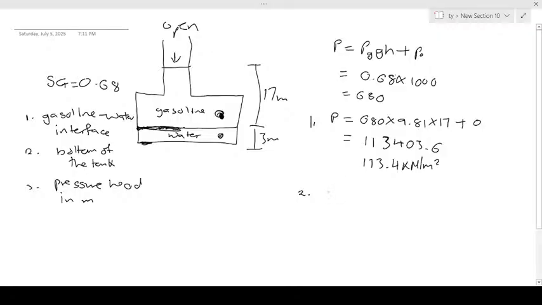So the total pressure at the bottom of the tank is equal to rho GH plus the pressure of gasoline, which is 1000 times 9.81 times 3 plus 113,403.6.